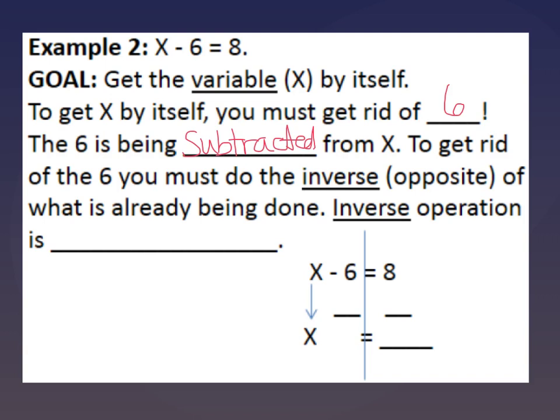The inverse operation of subtraction is addition. So here we have x minus 6 equals 8. That means we're going to have to add 6 to both sides. A negative 6 and a positive 6 give us 0. So now we're left with x equals 8 plus 6, which is 14.